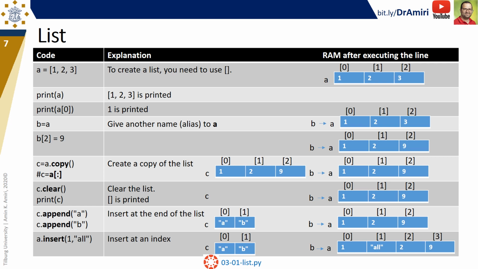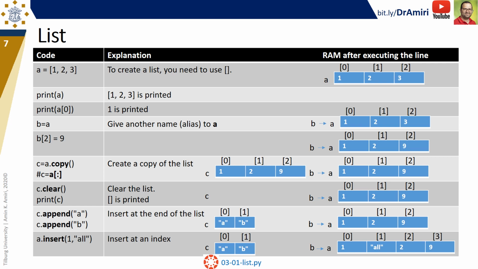As you can see here, executing this line will create C as a copy of A. And you can easily clear the list using c.clear. So you see a list has several methods. You have learned two methods so far, copy and clear. After clearing a list, if you print that list you would only see the brackets, and there is nothing in between the two brackets.